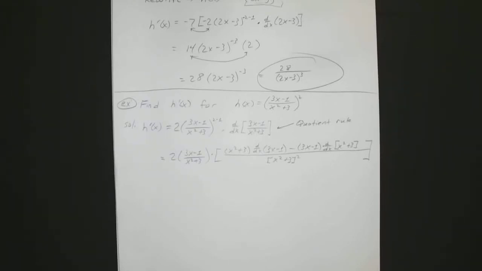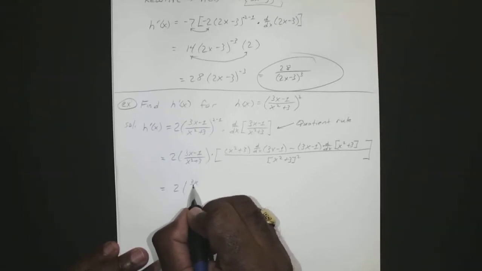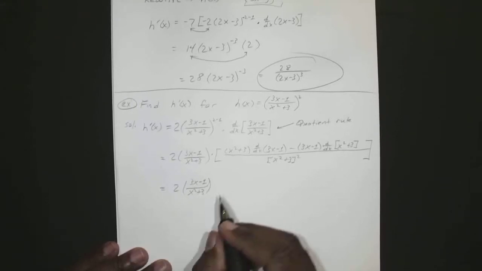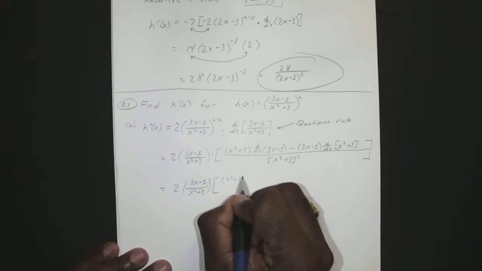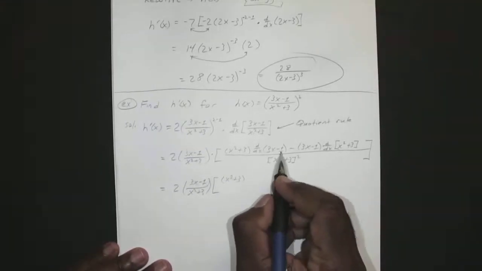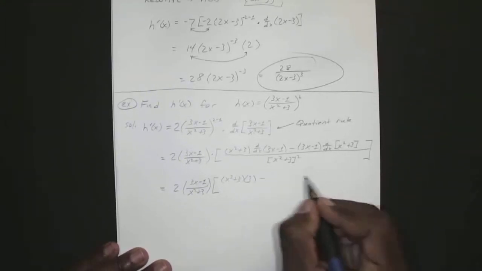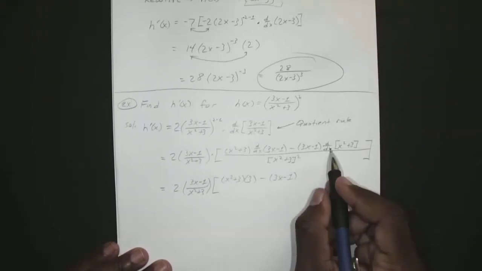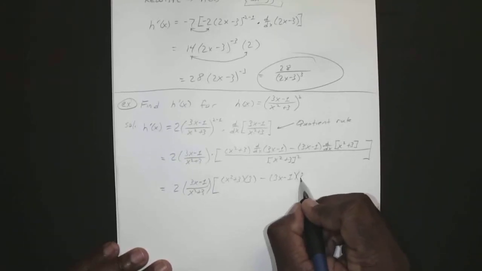Now we just simplify that part. (3x minus 1), (x squared plus 3) times, you have x squared plus 3 times the derivative of 3x minus 1, which is just 3, because that becomes 3, that becomes 0, minus (3x minus 1) times the derivative of x squared plus 3, that becomes 2x.